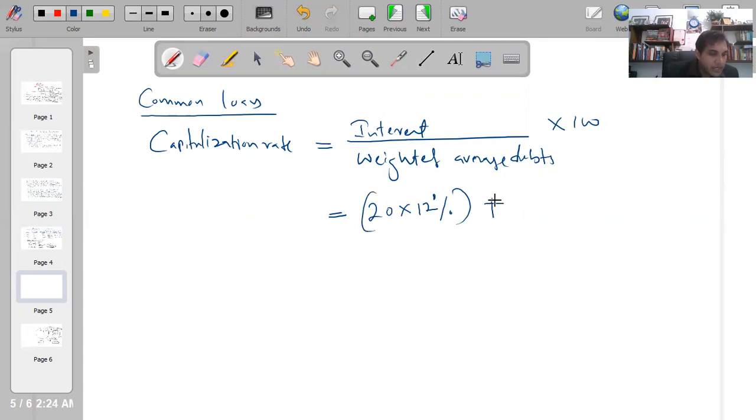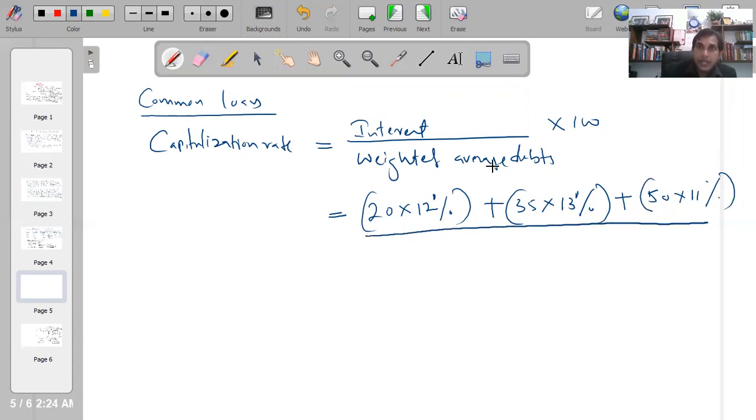The second one, debenture issued 13%, outstanding balance 35 million, or 35 million into 13%. That is the interest, no? Plus. Next one, 11% on 50 million. 50 million into 11%. So you calculate them, then you will be getting the interest.